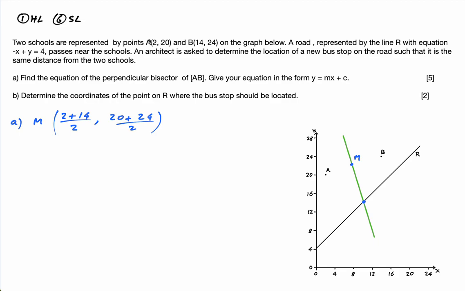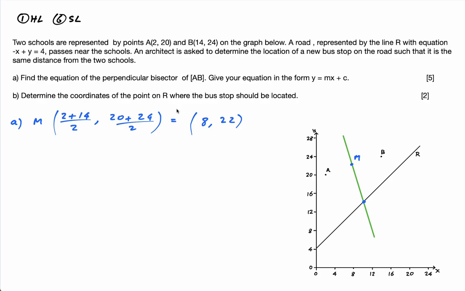That's x1 plus x2 divided by 2, comma y1 plus y2 over 2. This formula is in the formula booklet. It gives 16 over 2, which is 8, and 44 over 2, which is 22. So this point M is at (8, 22), which looks about right.